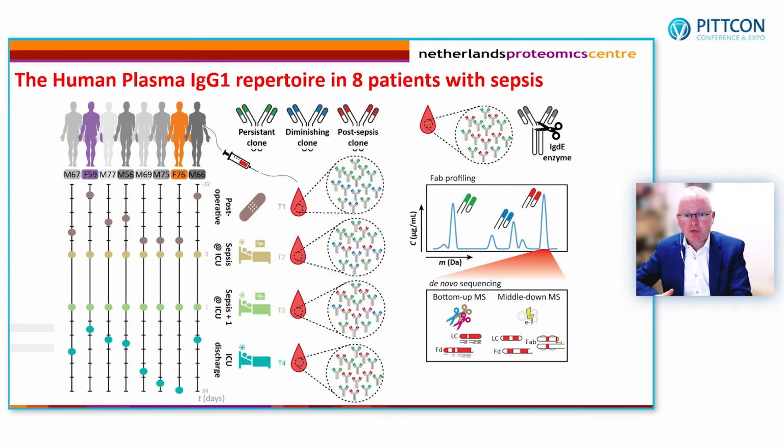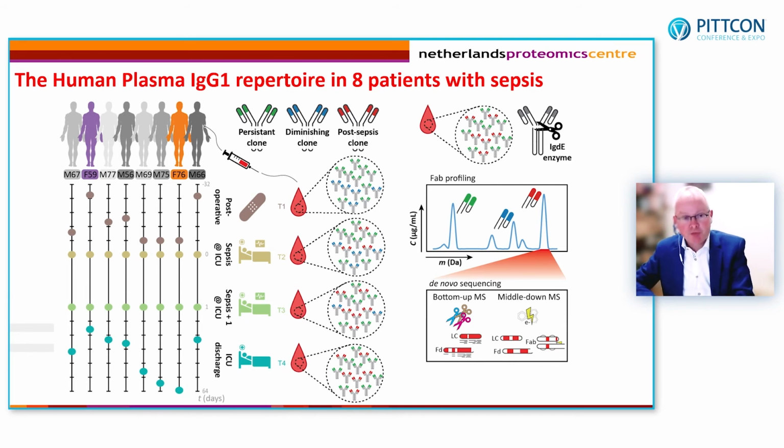So we are interested in these antibodies because if these antibodies are targeting the pathogen of infection, it may, in principle, be a lead for a new biopharmaceutical, for a new antibody therapy. So we can now monitor the dynamics of each individual clone in each individual person.